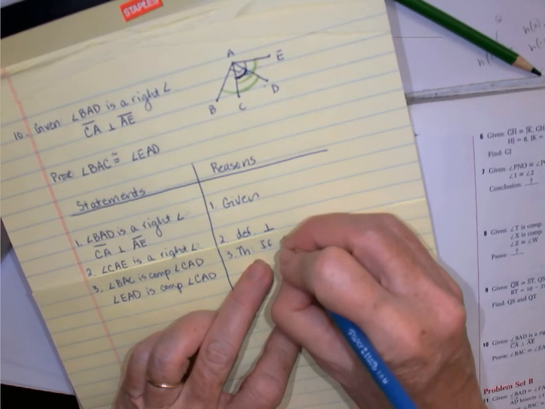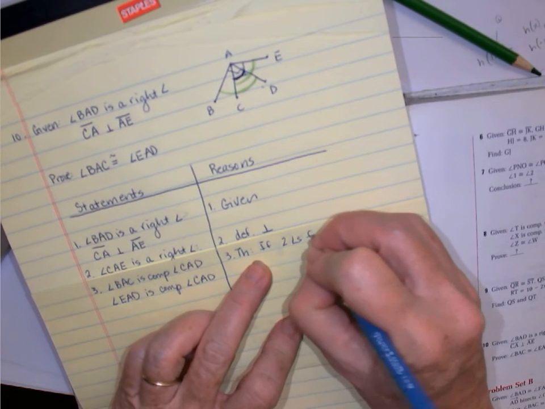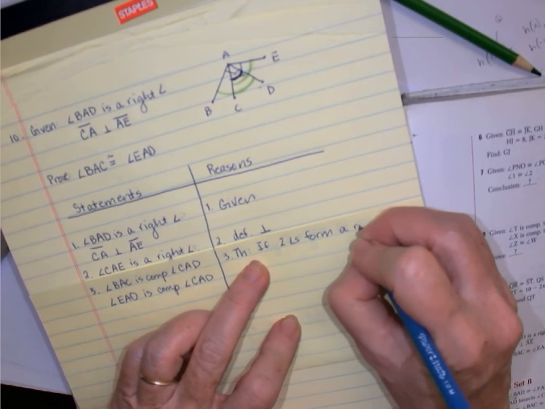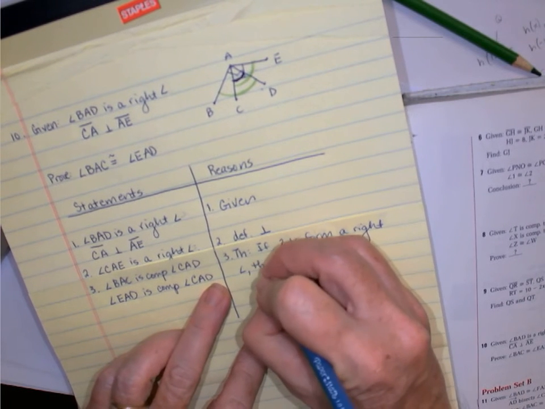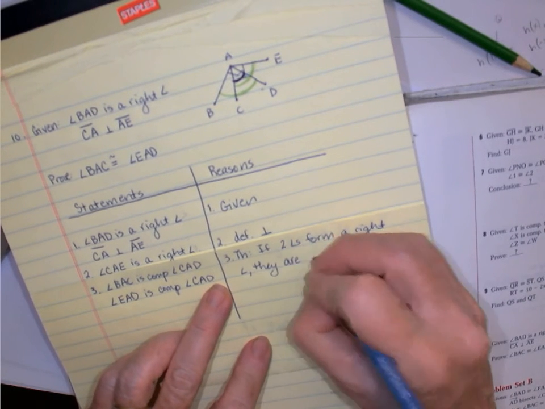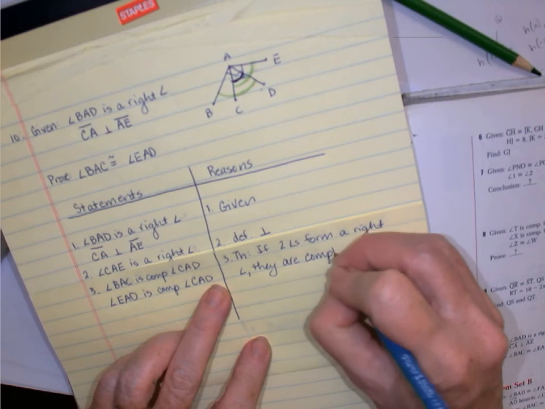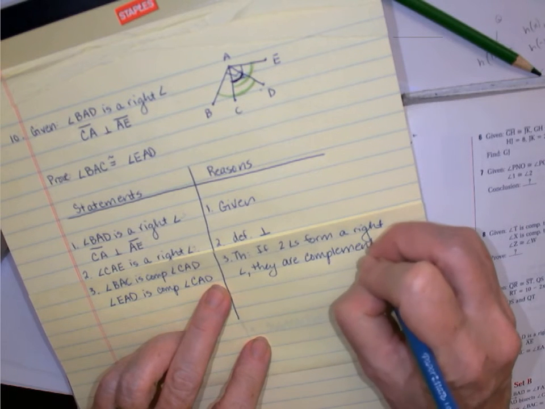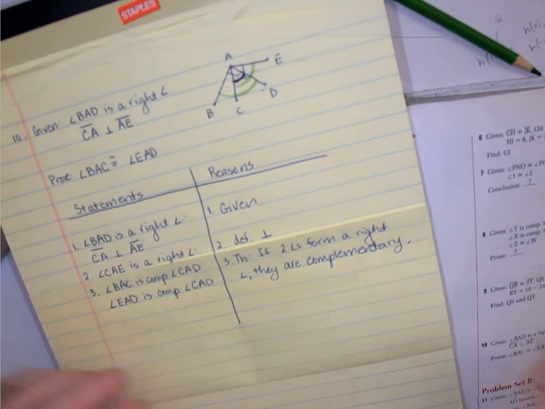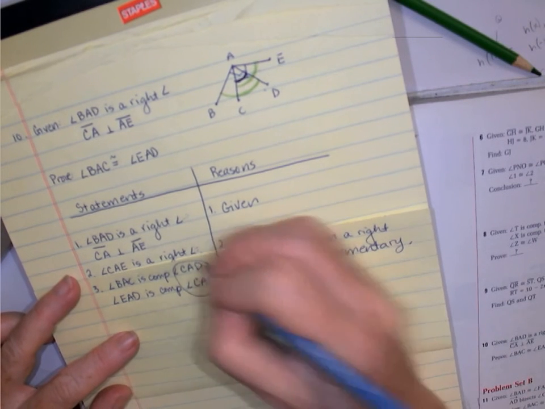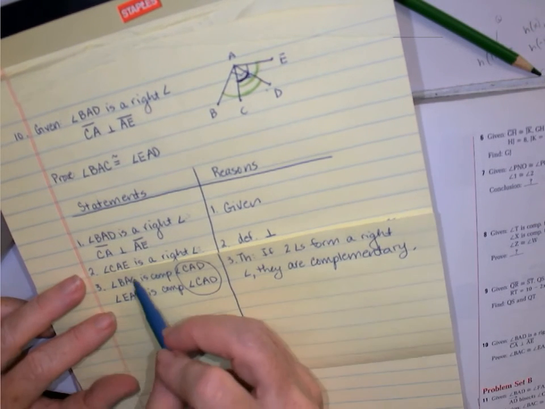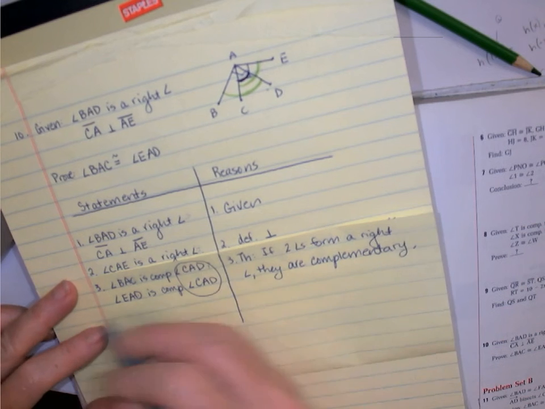If two angles form a right angle, they are complementary, and then we can use the complement theorem because those are the same angles. So here we have two angles that are complementary to the same angle.